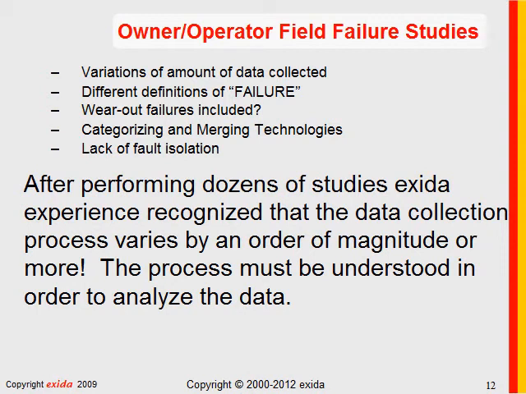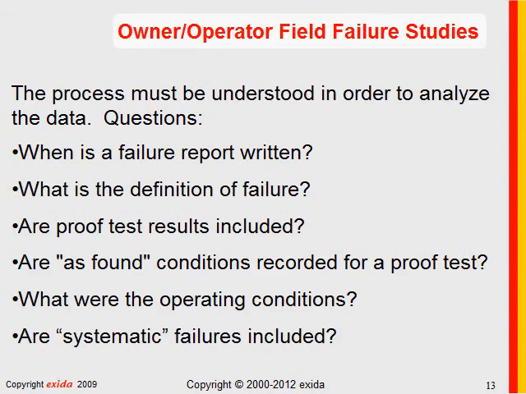After performing dozens of studies on owner-operator field failure, it's been recognized that the data collection process varies by an order of magnitude. A number of questions must be understood before one can determine the quality of a particular data set. When is a failure report written?